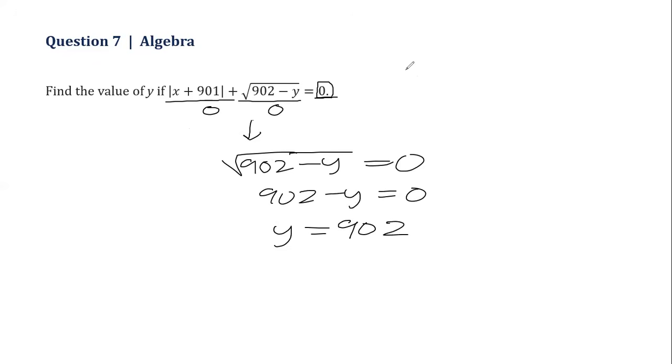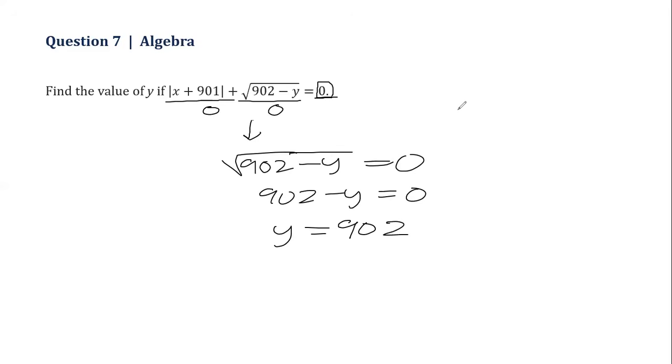Someone raised their hand. Yeah, don't squares have negative answers? Like 4 can be -2 because -2 squared equals 4. Okay. So that is a common misconception.